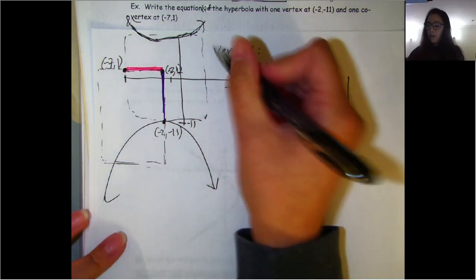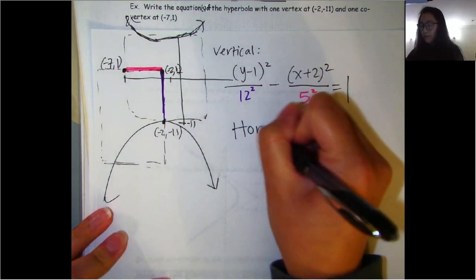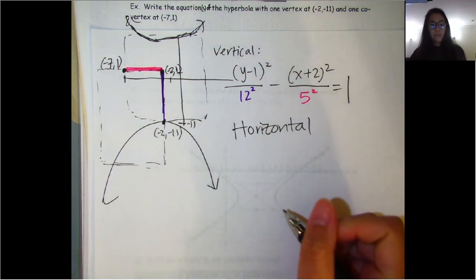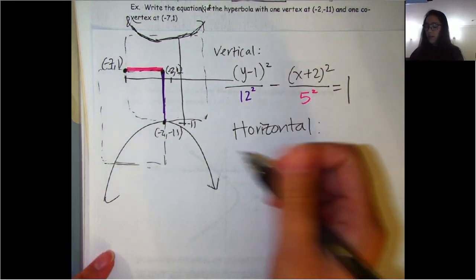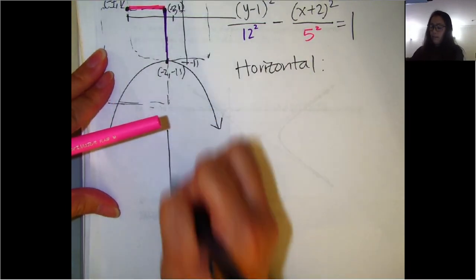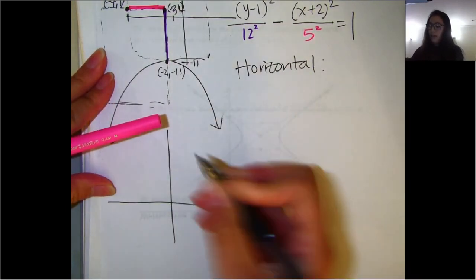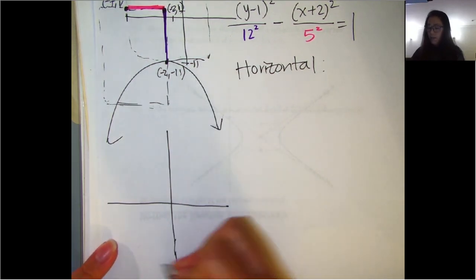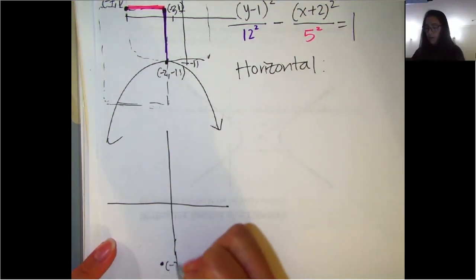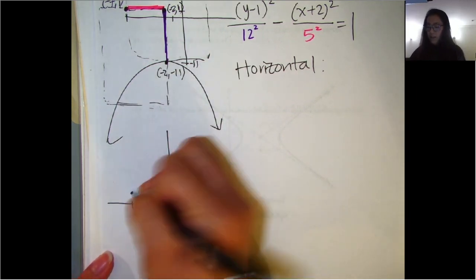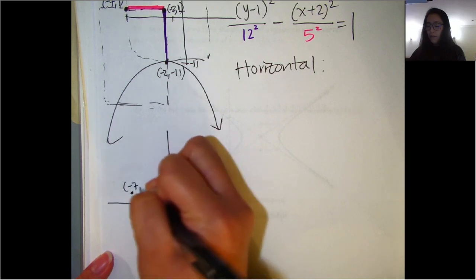However, there's also going to be a horizontal possibility, and I'm going to draw it down here. Again, we had (-2, -11), somewhere around here, and then we had (-7, 1).